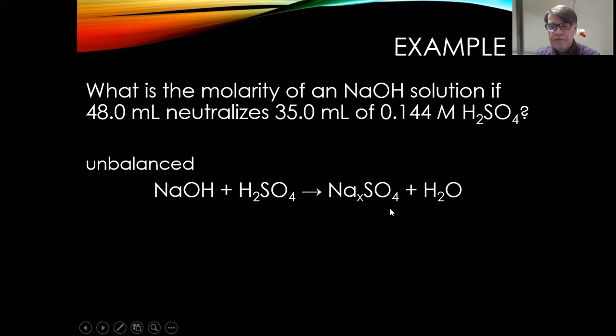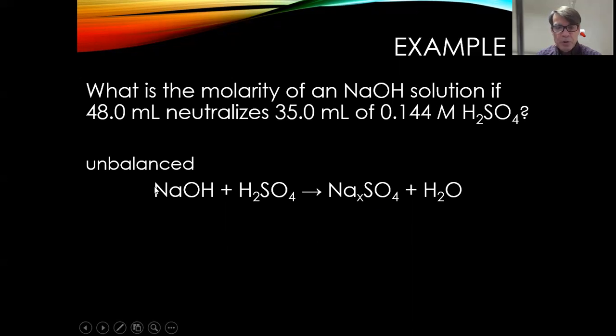What is unbalanced here? Hydrogen is 1 plus in its charge, and so we've got 2 plus here, so sulfate must be 2 minus. Sodium is 1 plus, so I have to have 2 sodiums to balance out the 2 minus charge of the sulfate.